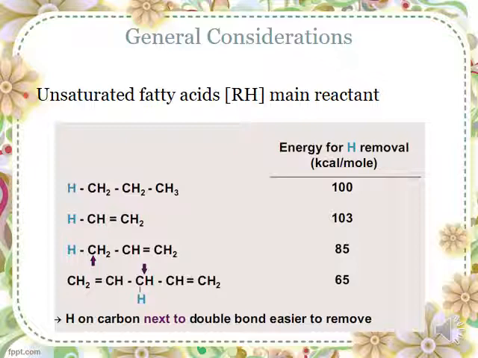Remember, I have covered the physical properties between saturated and unsaturated. So when there are more double bonds present, it becomes more unstable to oxidation or heat. Okay, so the more double bonds that are present, the more susceptible it is to lipid oxidation.